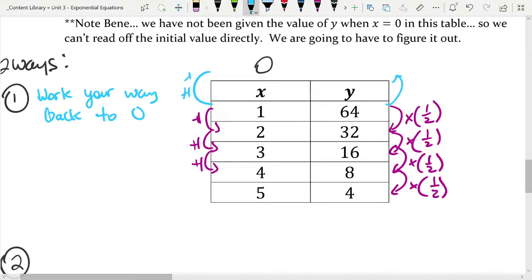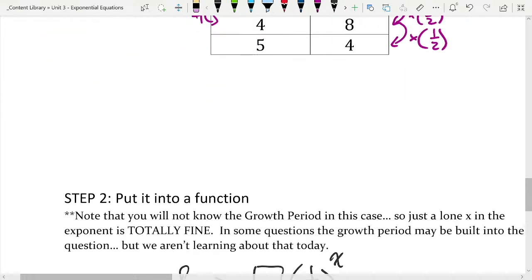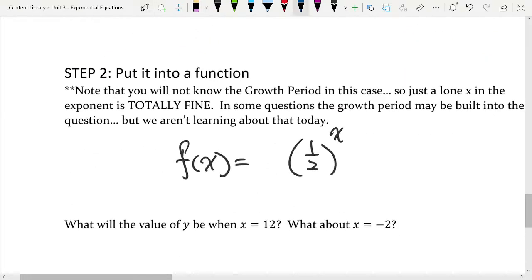Divide by a half. And dividing by a half is the same thing as multiplying by 2. So this number would be 128. Therefore, 0 lines up with 128. And so we can say that the initial value is 128, and we're multiplying it by half every time. Does that feel okay?